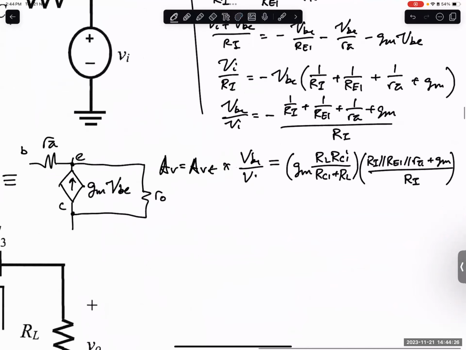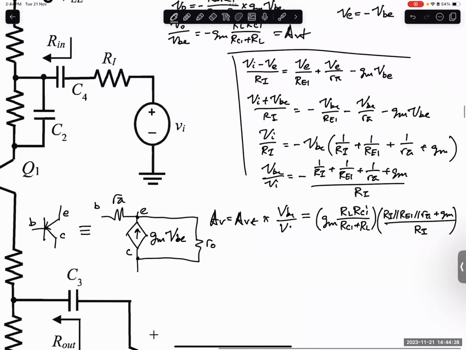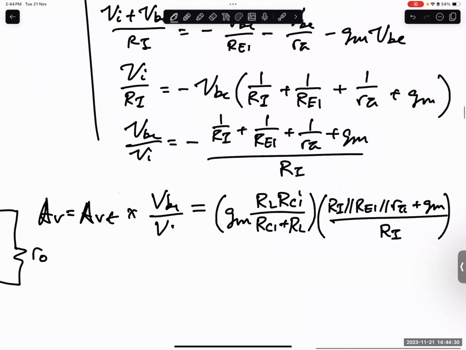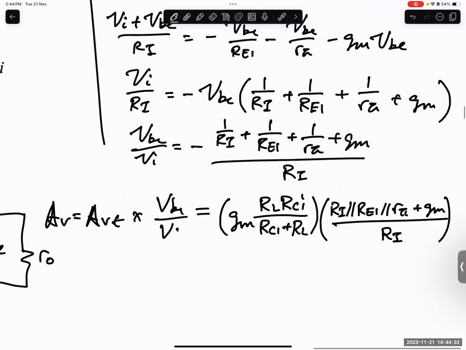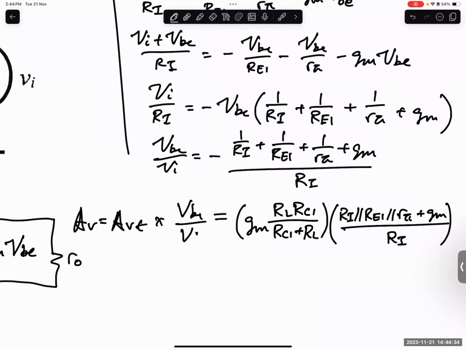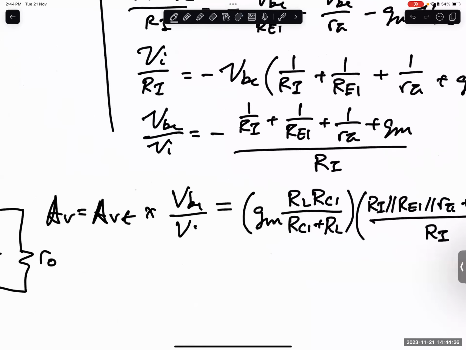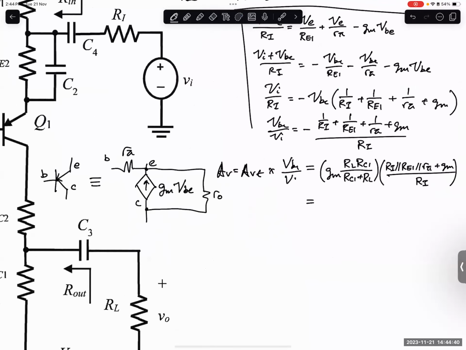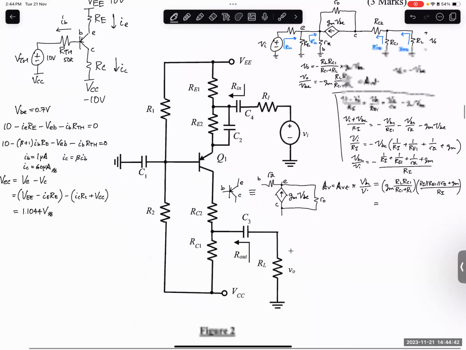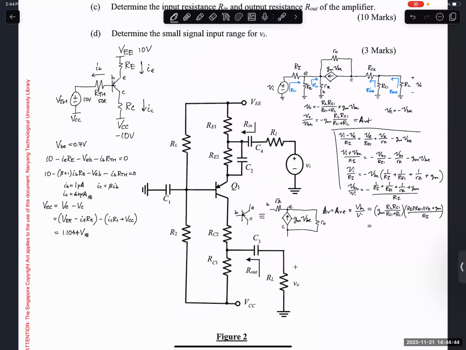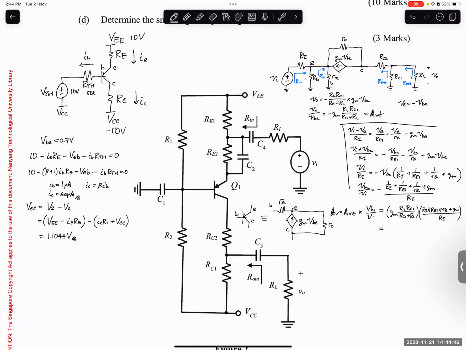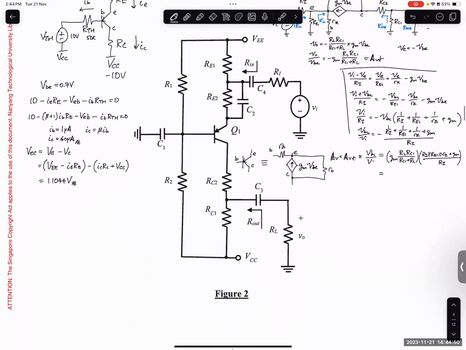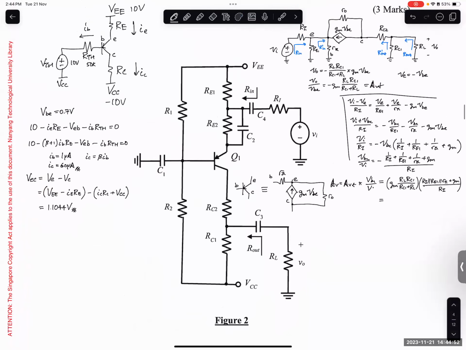Okay, then you just need to plug in the value only. So we can go and calculate the GM, R pi, and R naught, right? We haven't calculated yet just now.